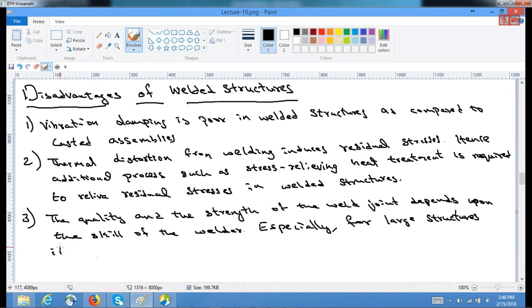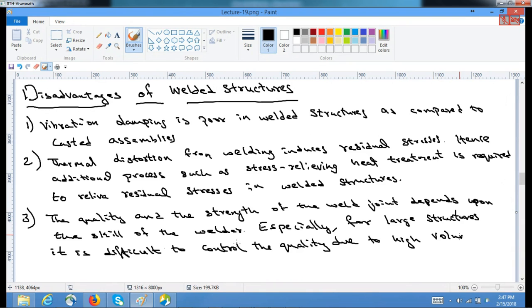It is difficult to control the quality due to high volume and several welders are involved.